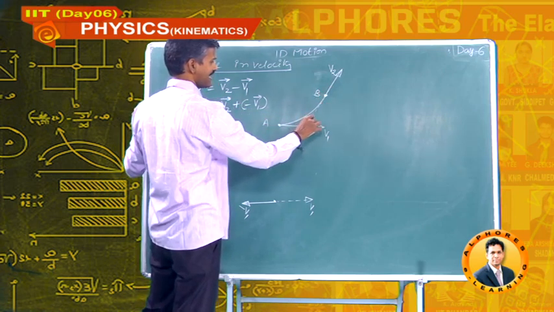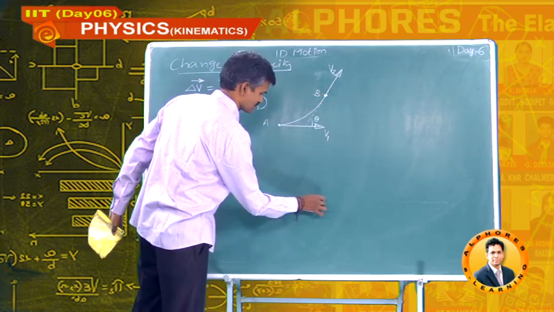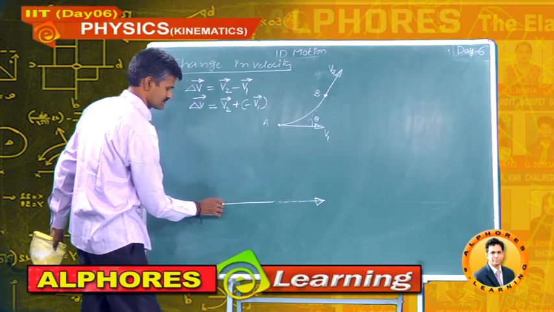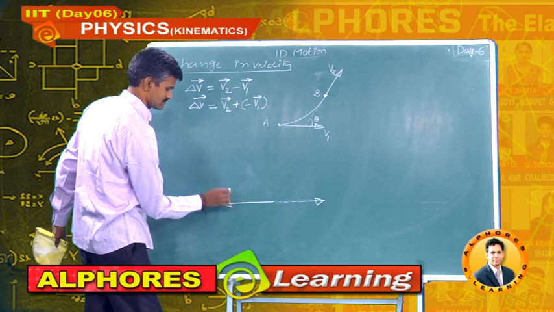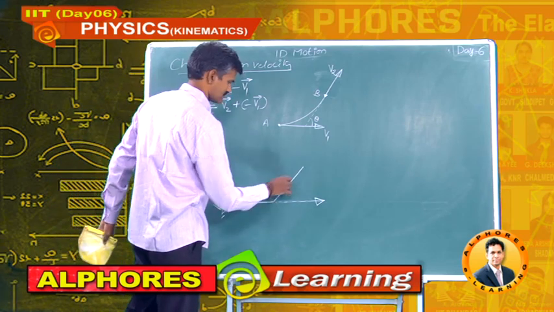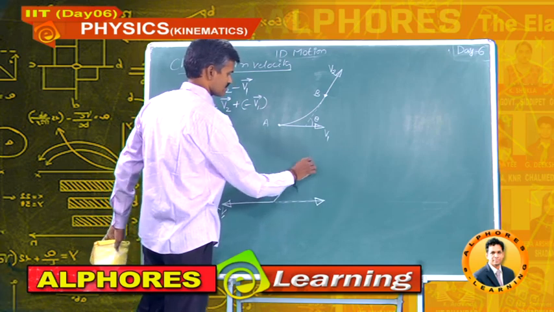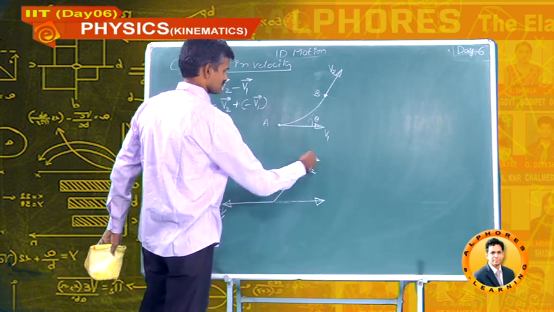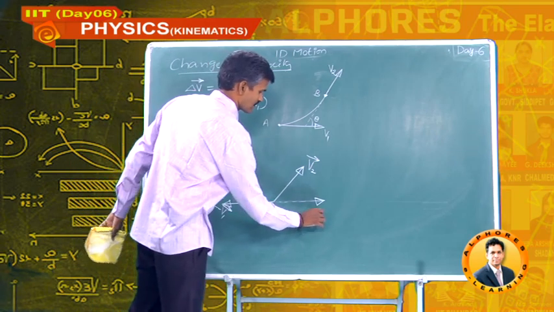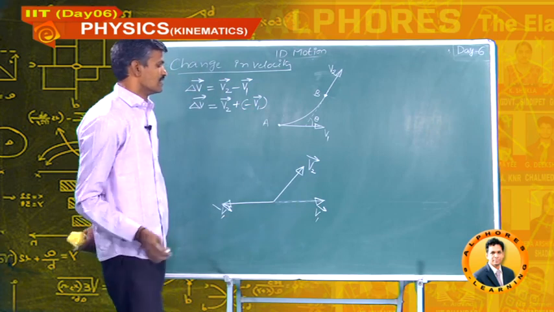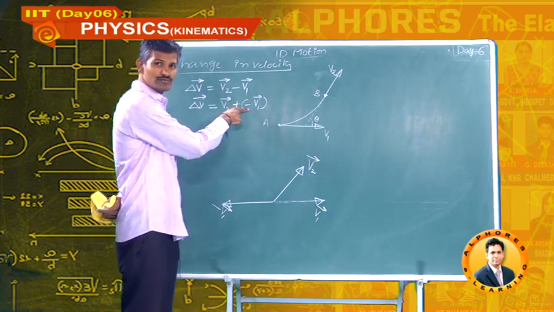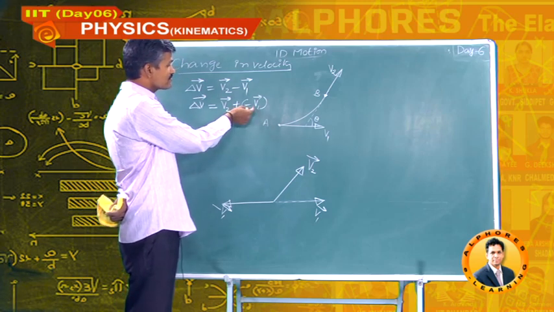If theta is the angle between the two vectors, here we have to subtract v1. How to subtract v1? We have to reverse the direction of v1.